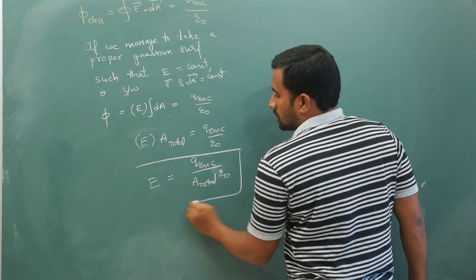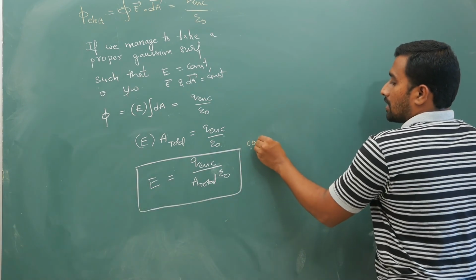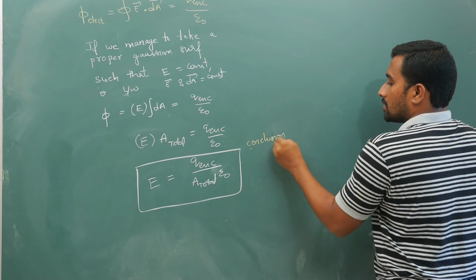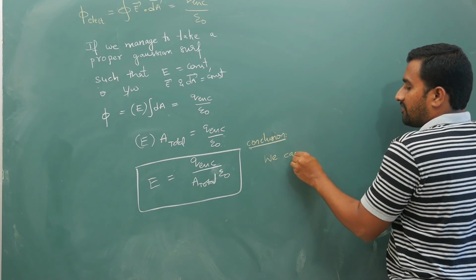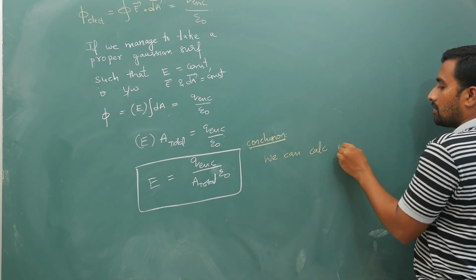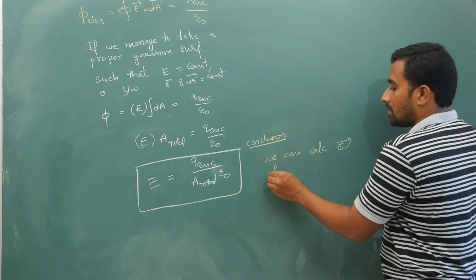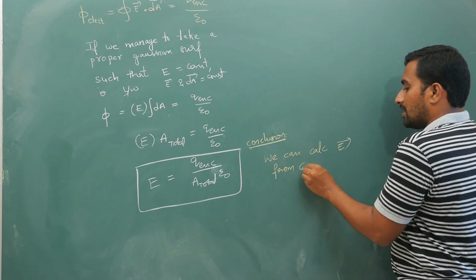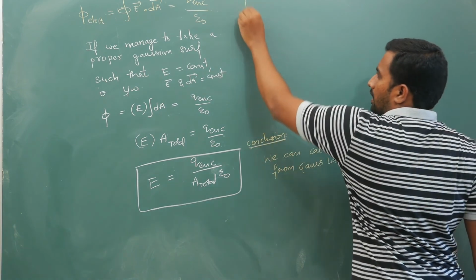The conclusion is that we can calculate electric field, E bar, from Gauss law. That is one important advantage of learning Gauss law.